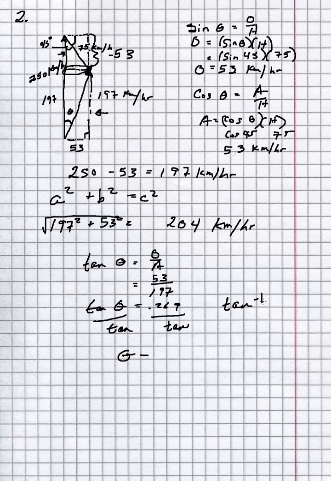On my calculator, I hit second, then I hit tangent, and then I put that amount in. And I get a theta of 15 degrees. Now let's think for a minute what that's saying. What it's saying is he's 15 degrees east of north.